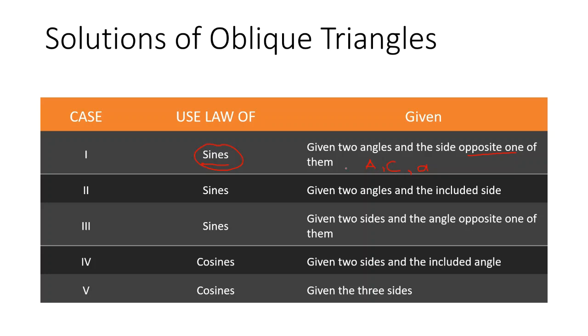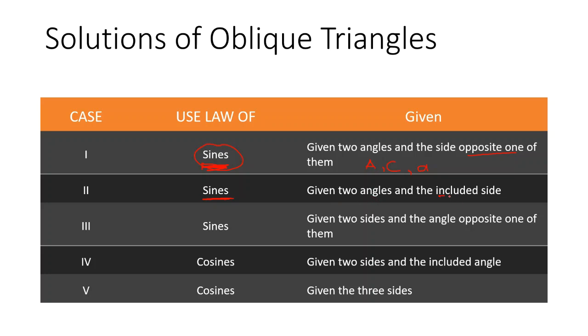This is the indicator of which law we will use. This is under case 1 and we have to use the sine law. Now for case 2, we still need to use the sine law. The indicator is that we have two angles given and the included side.